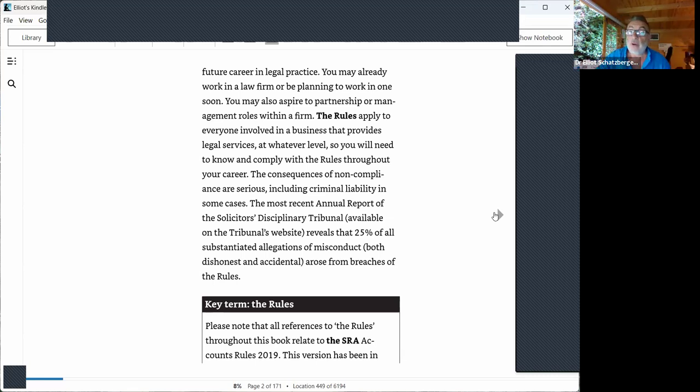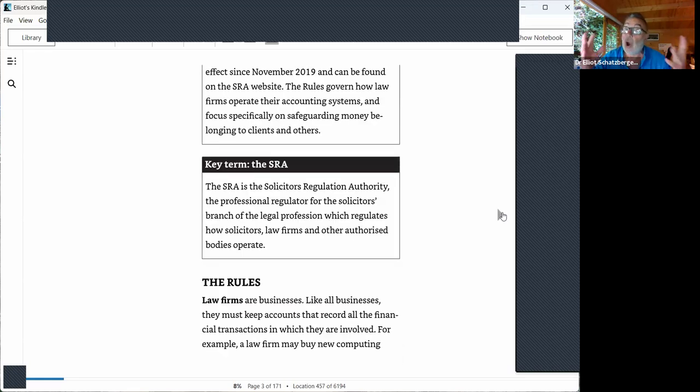Then it tells us that there are rules, and these are written by the SRA, and they're called the SRA Accounts Rules. The most up-to-date version, by the way, is 2019. They are on the SRA website, and I don't need to tell you who the SRA are.